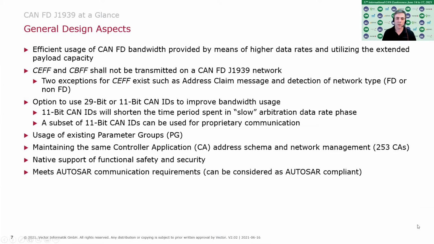That means we use higher data rates, of course, and we would really like to utilize the complete payload capacity of a CAN FD frame, since CAN FD offers data length up to 64 bytes and is not limited to 8 bytes. Using CAN FD and limiting it to an 8-byte payload field would probably not be the optimum use of CAN FD.